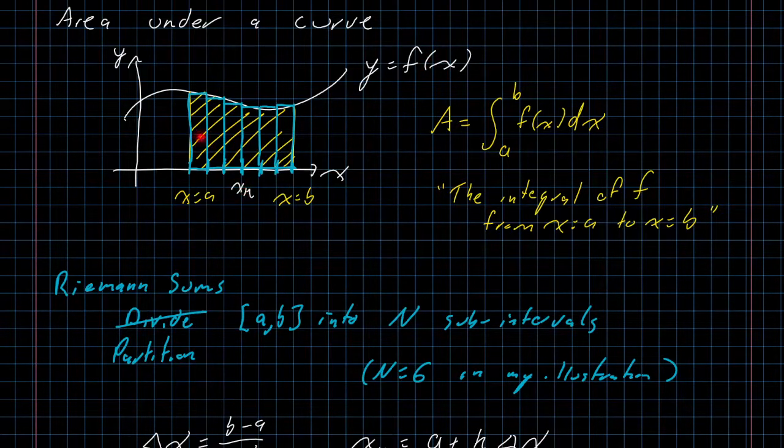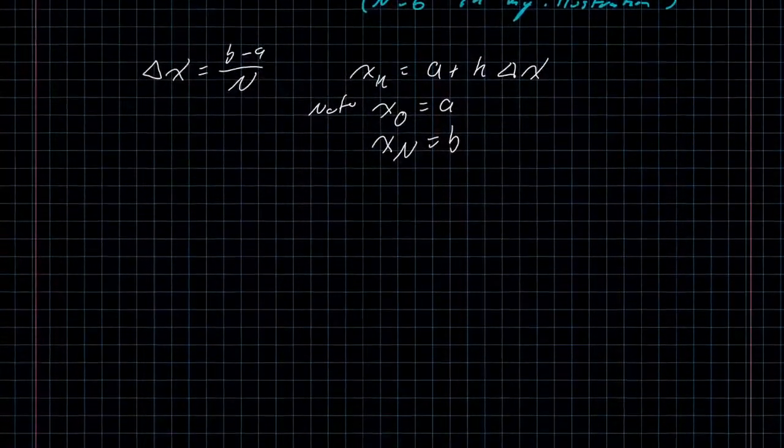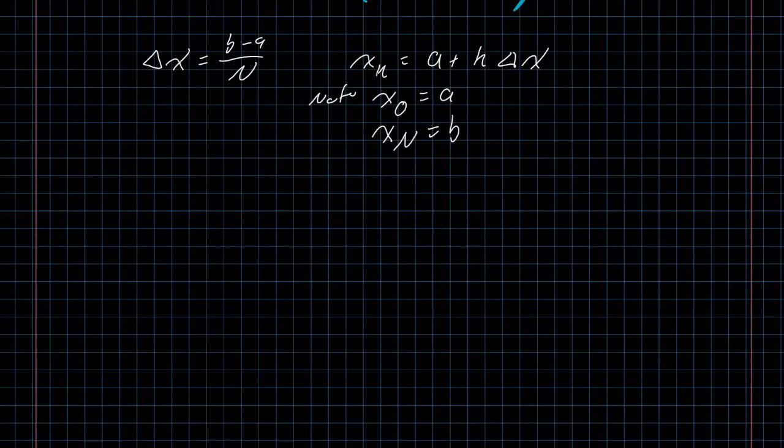Right? This region is between x0 and x1, and the height was determined on the right-hand side by x1. So the height is f of xk.